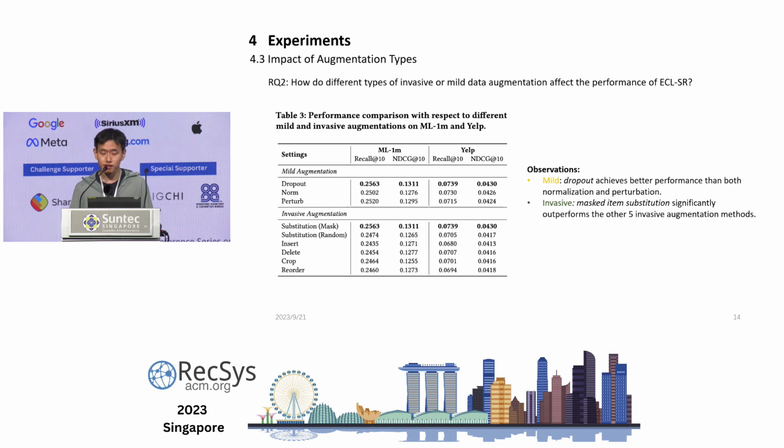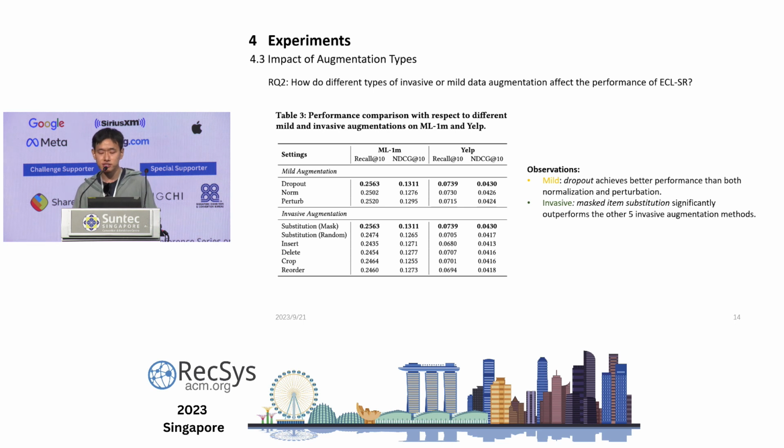Actually, there exist several options for mild augmentation and invasive augmentation, leading to different combinations of augmentation strategies. So, it is necessary to investigate their impacts on the performance of our framework. For mild augmentation methods, we experiment with dropout, feature normalization, and feature perturbation as mild augmentations.